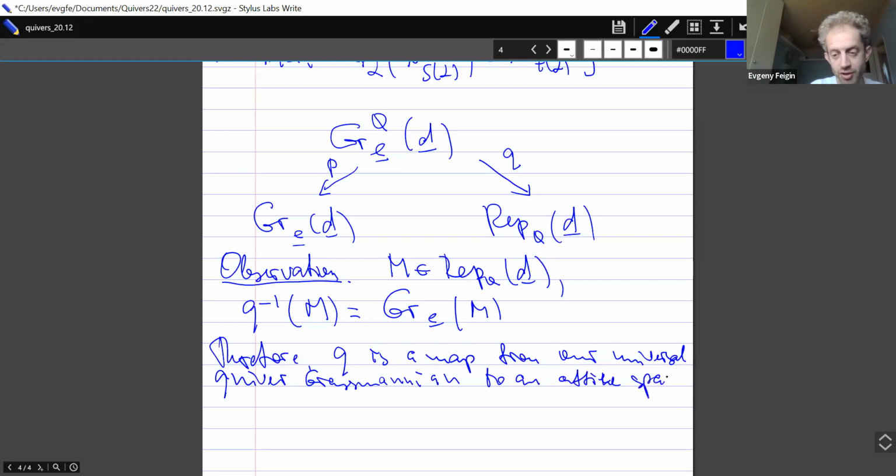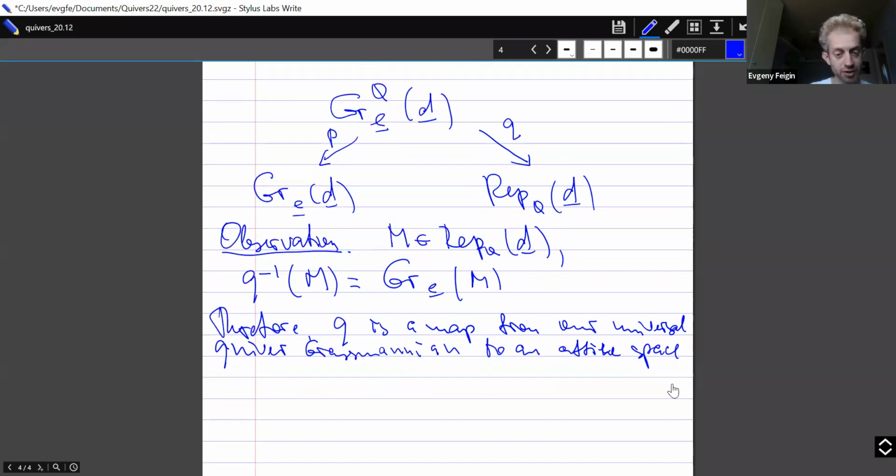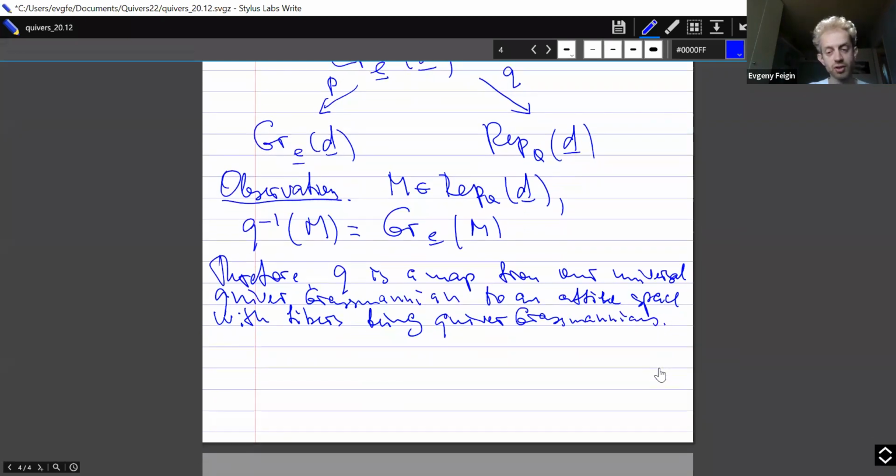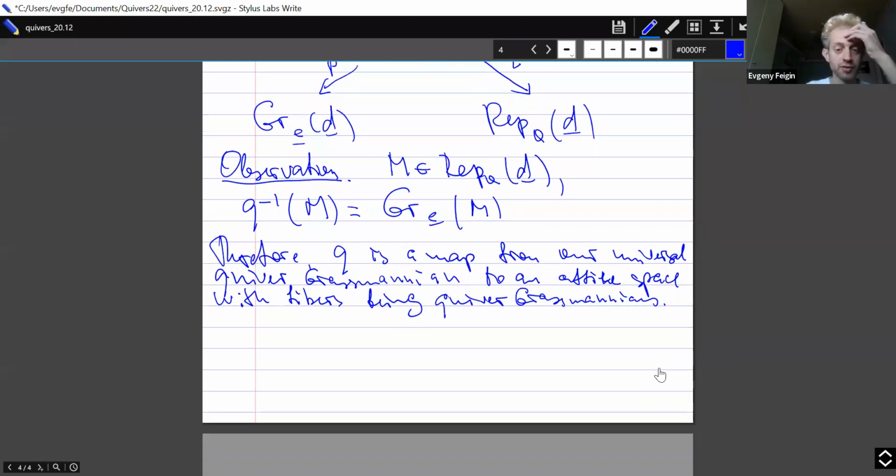Yes, because you remember this representation space is very simple. It's just the sum of Hom spaces, so it's just an affine space, and with fibers being Quiver Grassmannians. This is what I said at the very beginning.